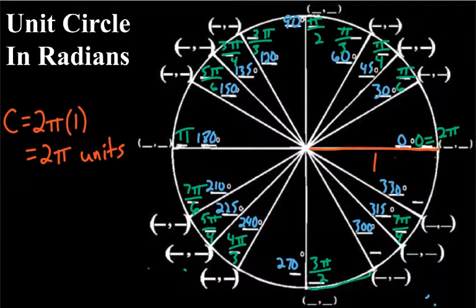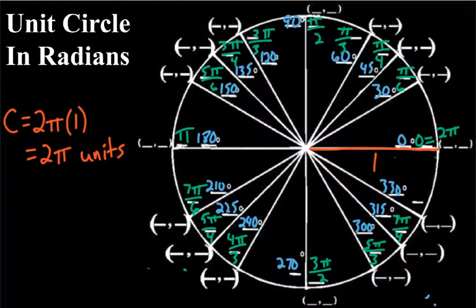Adding another 30 degrees to 300 degrees, and pi over 6 units will be 10 pi over 6. 10 pi over 6 can also be written as 5 pi over 3 radians. Adding 30 degrees to 330 degrees is 11 pi over 6 radians.